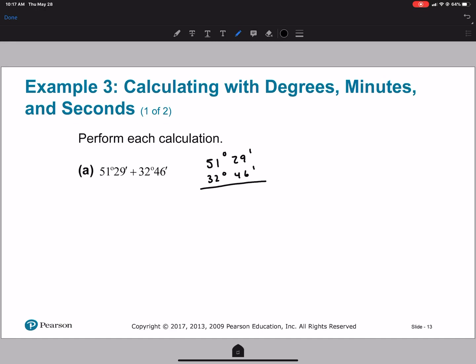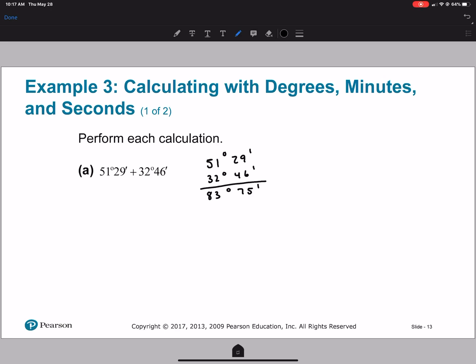Now, you only add minutes to minutes, degrees to degrees. So when we add this, we're going to get 75 minutes. Then the degrees will be 83.